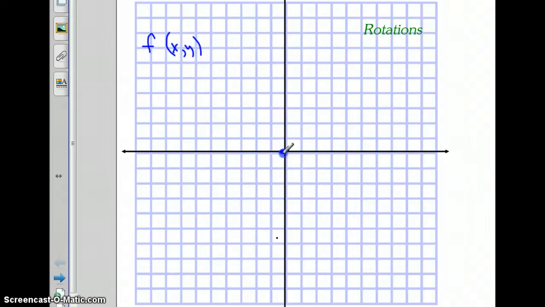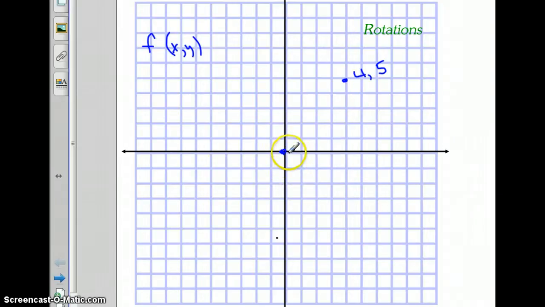Let's say the center point is the origin. And let's say we're going to rotate the point 4, 5, which is the point I selected. So let's say we want to do a 90-degree rotation.